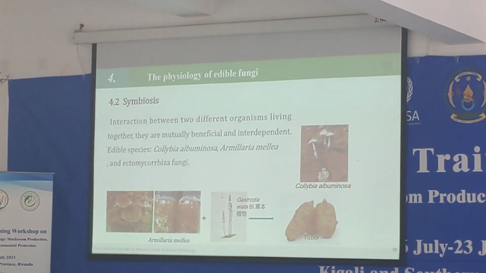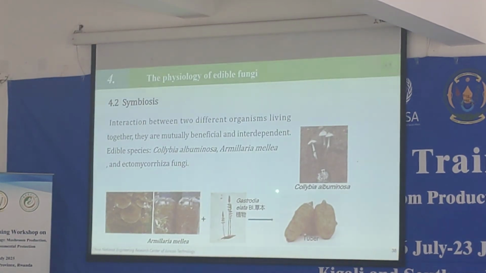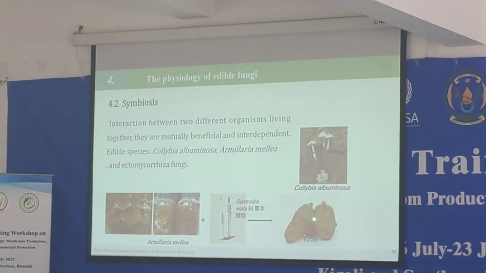Some mushrooms are prone to symbiosis. You see this mushroom, the armillaria mushroom. When we want to get the tuber, this one is a medicinal mushroom, but we need a plant.